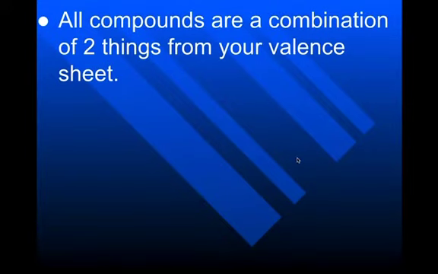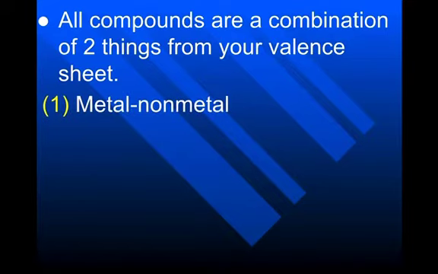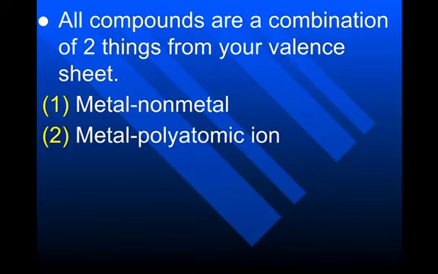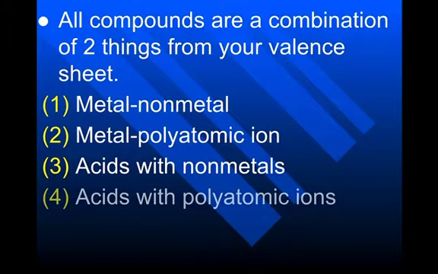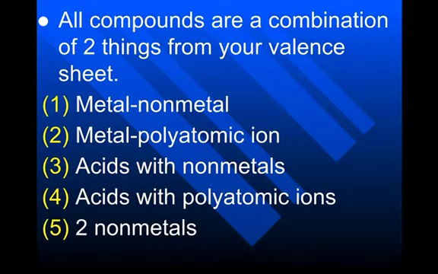Okay, so now that we have that little background, we can move on to looking at your valence sheet and making compounds. All real compounds are a combination of two things. They're either a metal with a nonmetal, so something from the top, something from the bottom, metal with a polyatomic ion, something on the bottom with more than one letter, acids with nonmetals, acids with polyatomic ions, and 2 nonmetals.